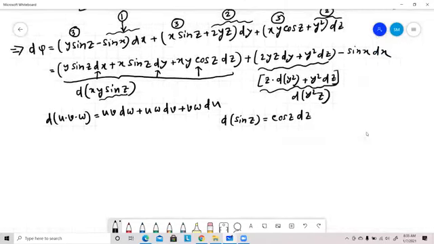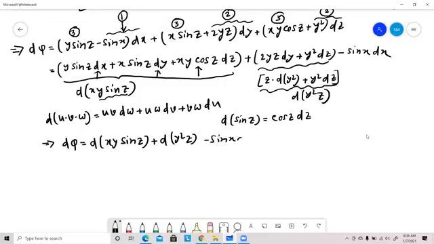So we got the required process. We can write this as d phi equal to d of xy sin z, then d of y squared z minus sin x dx. Now we have to do integration. So what will be the phi? Phi equal to কি হবে?